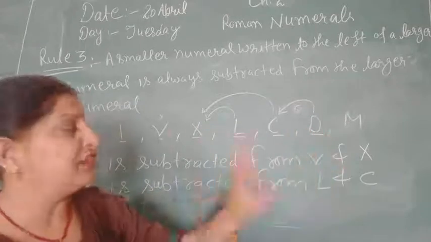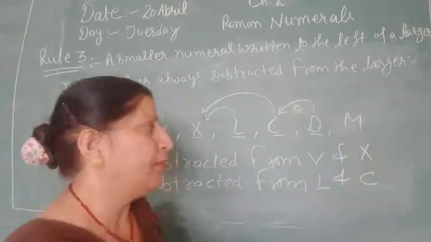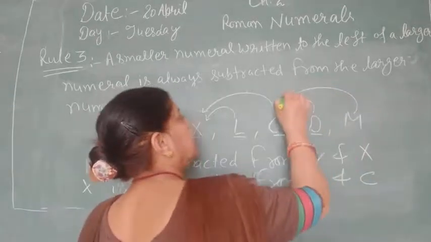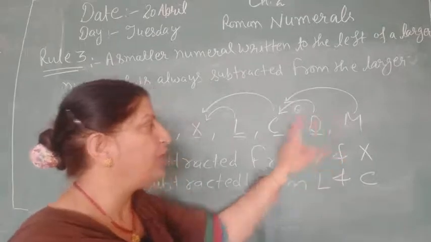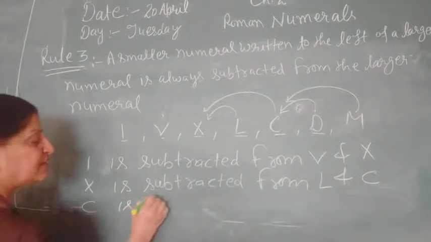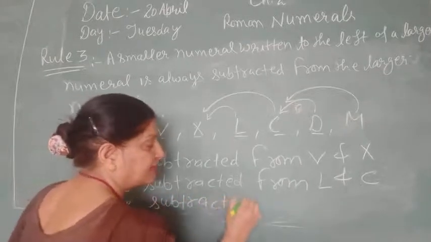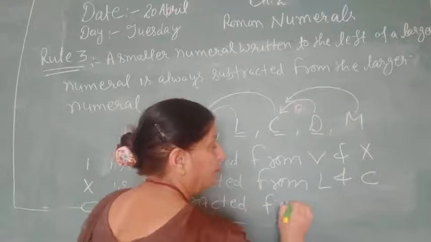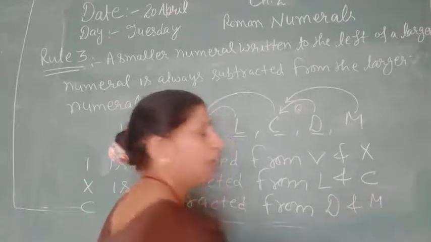It has a digit 5. So D is not subtracted from M. That's why C is subtracted from M also. Now we conclude that C is subtracted from D and M. Clear this rule?